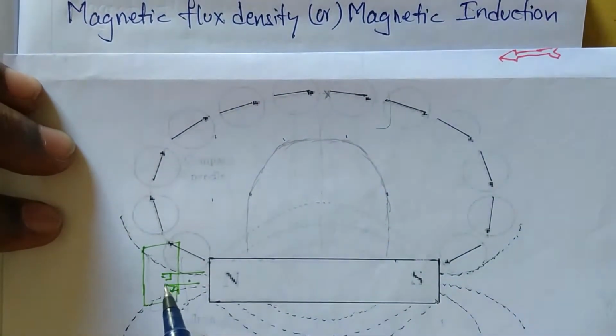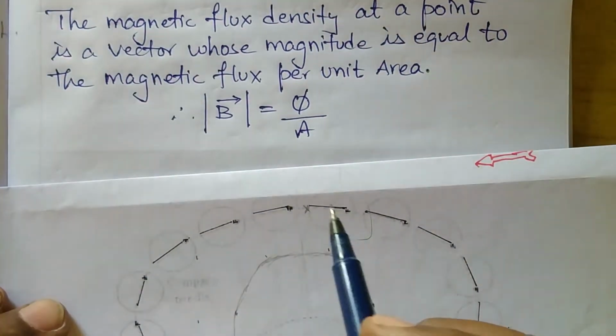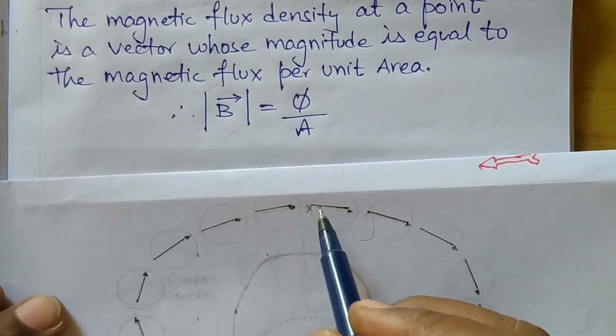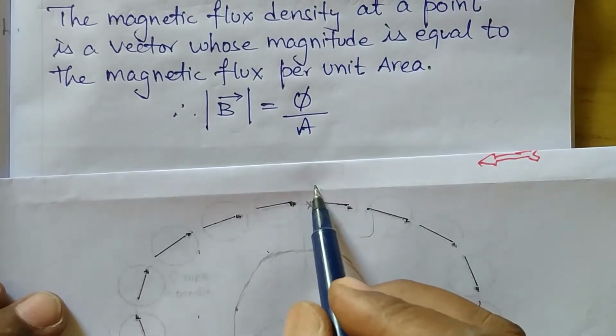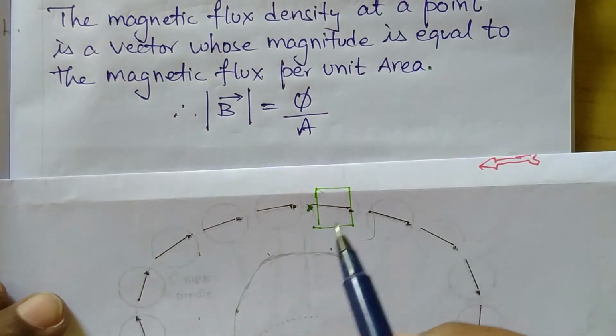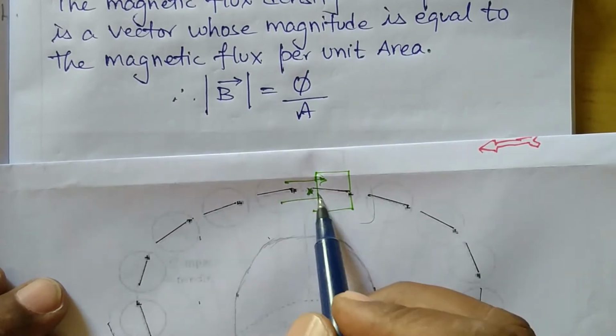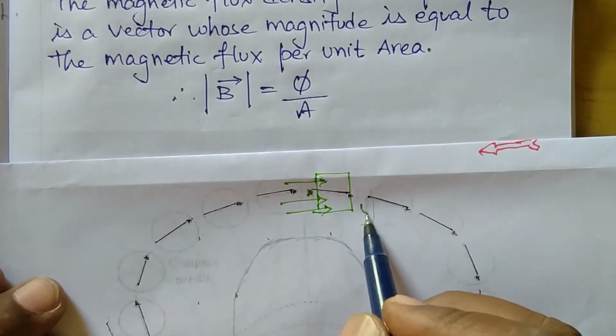This is called magnetic flux. Then what is magnetic flux density? Magnetic flux density at a point is equal to the total number of magnetic field lines passing through unit surface area.